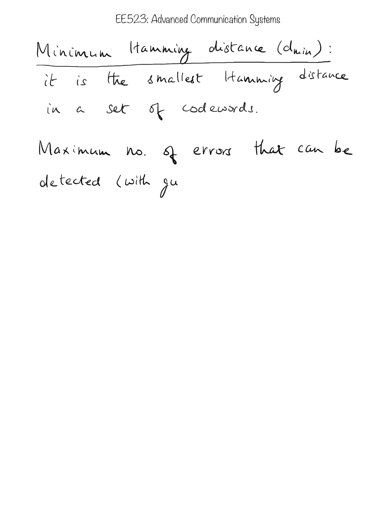No, we are talking about guarantees here. So with guarantee is given by the minimum Hamming distance d min minus 1. So if the minimum Hamming distance is 5, that means the maximum number of errors in the code word that can be detected is 4. 5 minus 1, 4. If it is 3, then it will be 3 minus 1.